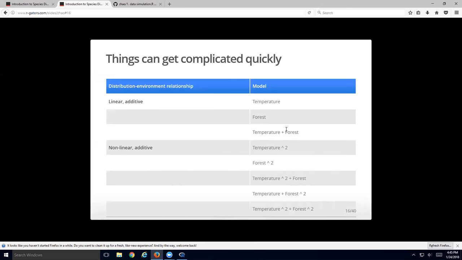However, if I start to consider some nonlinear relationship, such as a quadratic form, you can see I immediately have more models I need to consider, and I don't even consider interactions between these 2 variables yet.